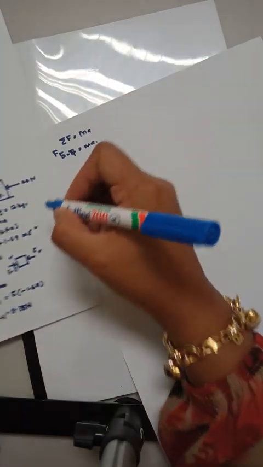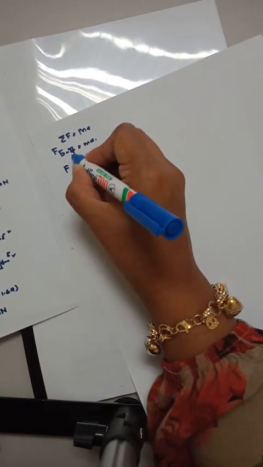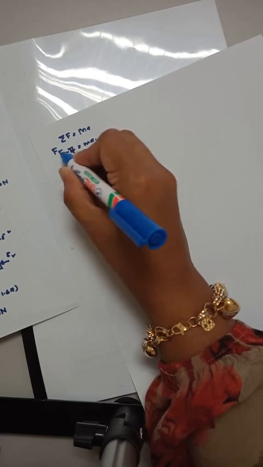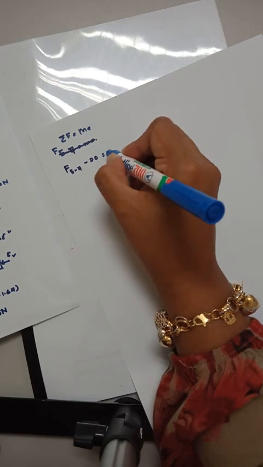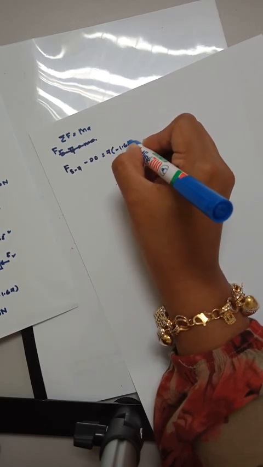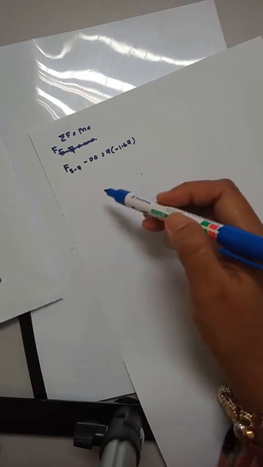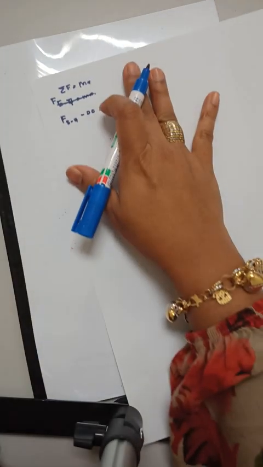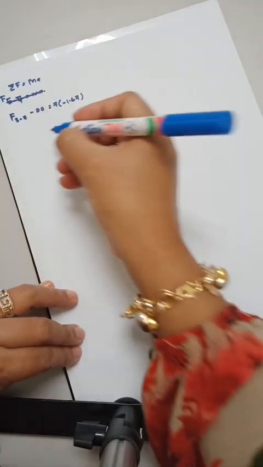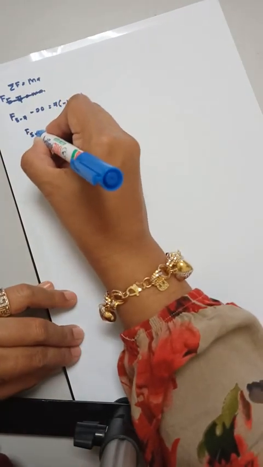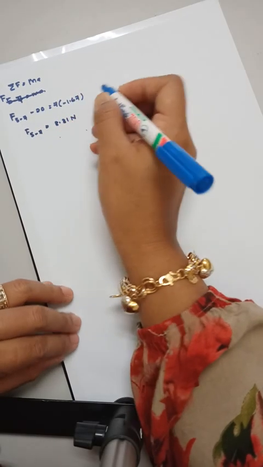Okay, 5 to 7 yang ni positif, yang ni negatif. 5 to 7 minus 20 will be 7 times negative 1.67. Kenapa ada dua? Sebab satu positif, satu negatif kan? Okay, and then next kita ada F 5 to 7 will be 8.31 Newton.